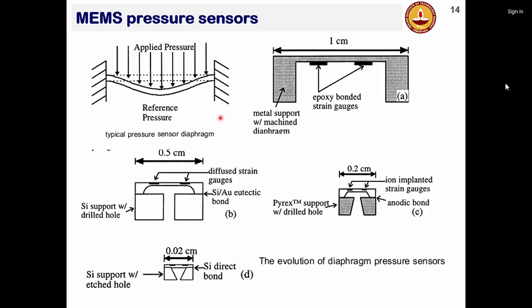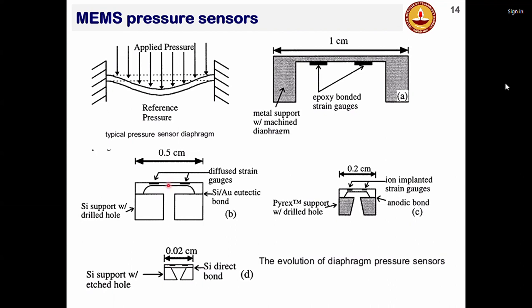So typically, you will have this kind of structures made out of silicon. As I said, this is motivated by the IC industry. So the starting material is always silicon. So you basically etch silicon to create this kind of trapezoidal grooves. That means you basically have a thin film of silicon, which acts like a diaphragm that you see here. And silicon is a semiconductor.